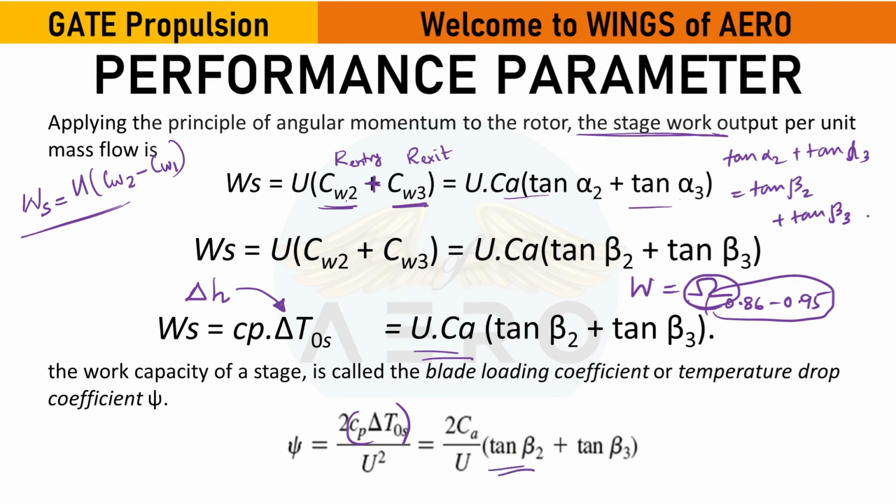So you need to note down this blade loading coefficient. Another term for it is the temperature drop coefficient, which is denoted by the letter psi. Have you noted down this formula? Yes, ma'am.